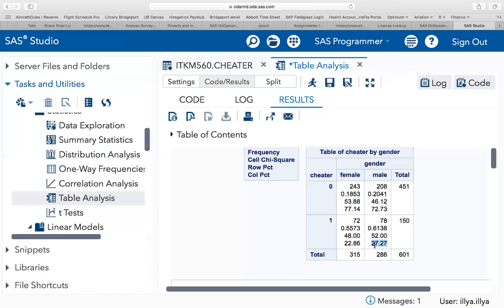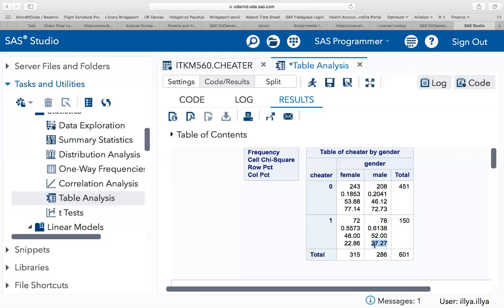So think about how interesting what we've just done here. I think it's interesting that you could have added up all the proportions without doing this. You could have done this in Excel, okay? And say 22% of women cheat, 27% of men cheat. Right there, you'd say men are more cheaters.